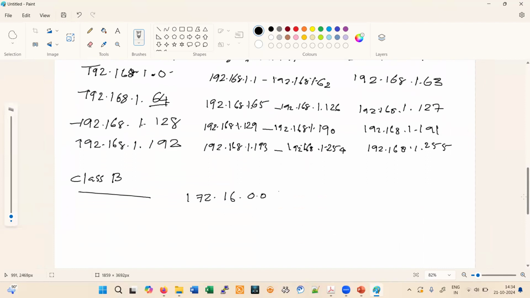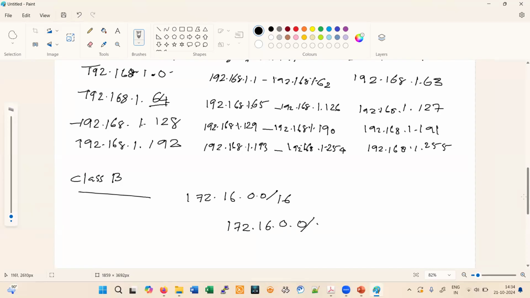By default the slash value is /16. But you have to divide this single network into multiple networks by changing the slash value.